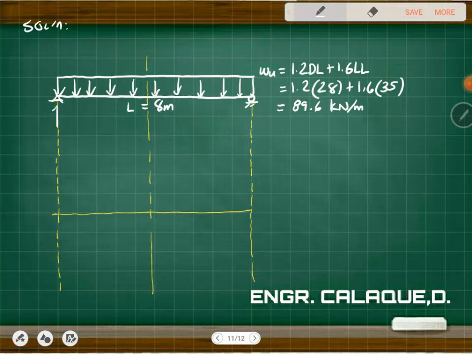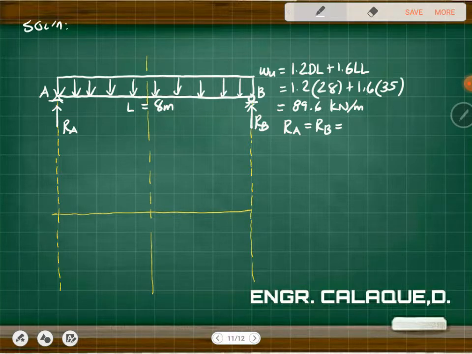Yung reaction dito, if I assume this is point A and this point B, so meron akong reaction at point A and meron akong reaction at point B, no? So since symmetrical, pareho lang yung reaction nila, no? Both sides.